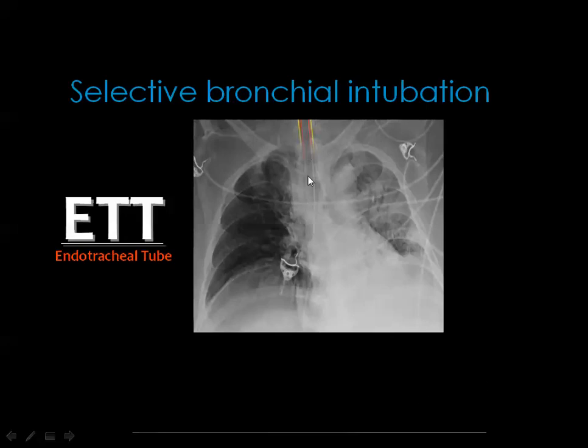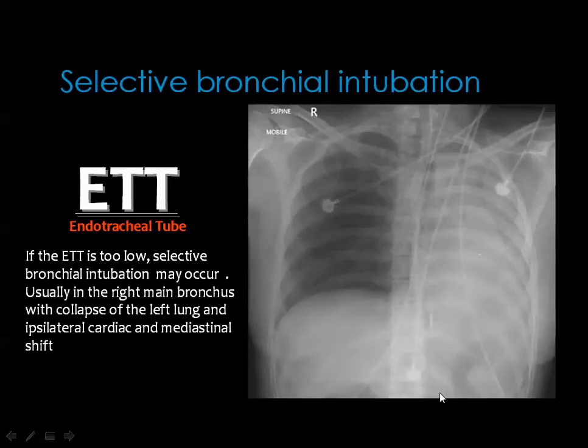You see the endotracheal tube, and this is the tracheal bifurcation, and the endotracheal tube is passed into the right main bronchus, resulting in hypoventilation of the left lung. And this film is frequently seen in ICU patients, where you can see the endotracheal tube is selectively in the right mainstem bronchus, with resultant complete collapse and whitening of the left hemithorax.